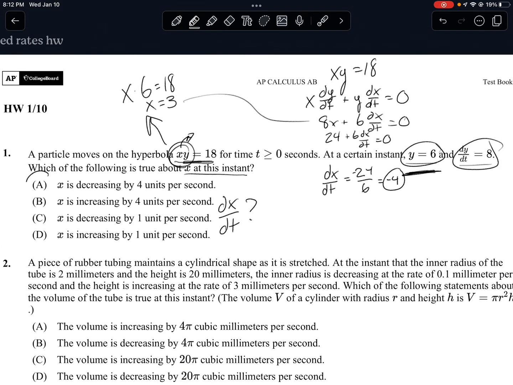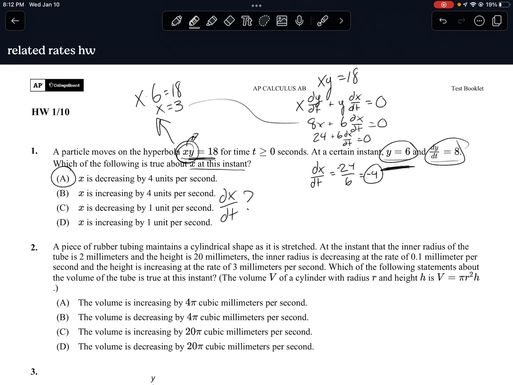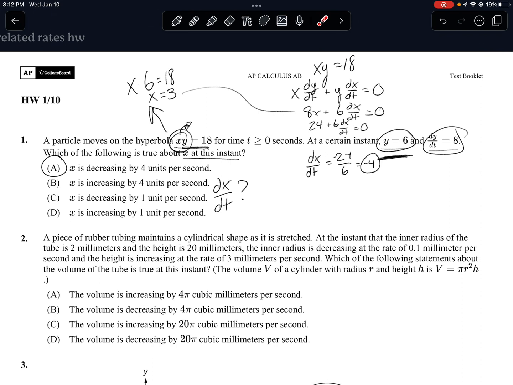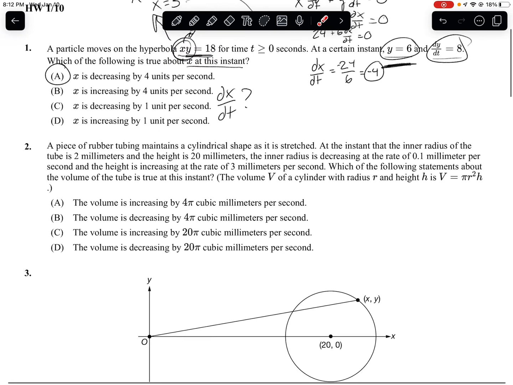So I'm decreasing by 4 units per second. What we have to notice here is basically I was missing this x, couldn't solve. I need to problem solve how to find that x. I know I have an x in this equation, so I could go ahead and solve.